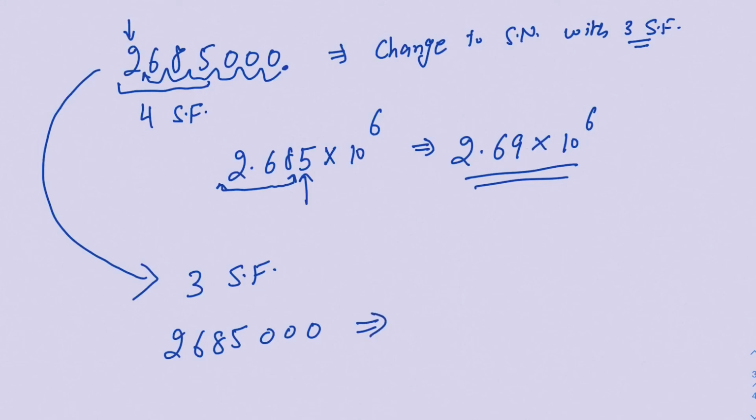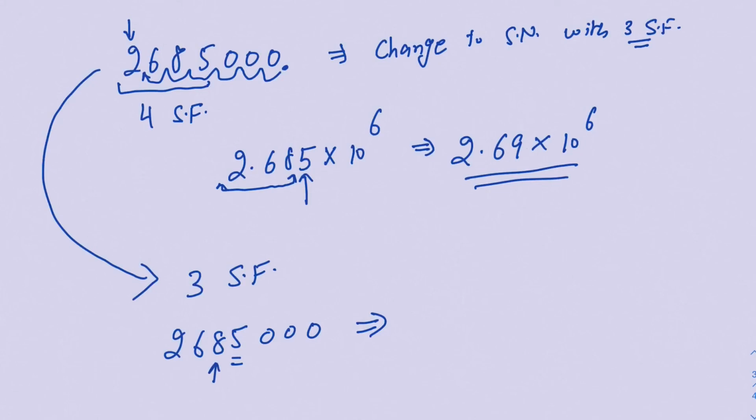If I want to change this to 3 sig figs, I need to drop this 5, because that would make it 4 sig figs. So I need to get rid of this 5. When I'm dropping this 5, the digit that's before the 5 will go up by 1.